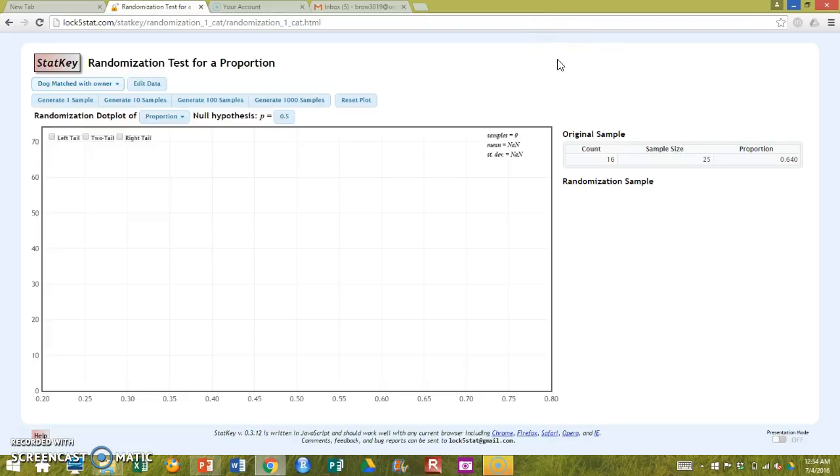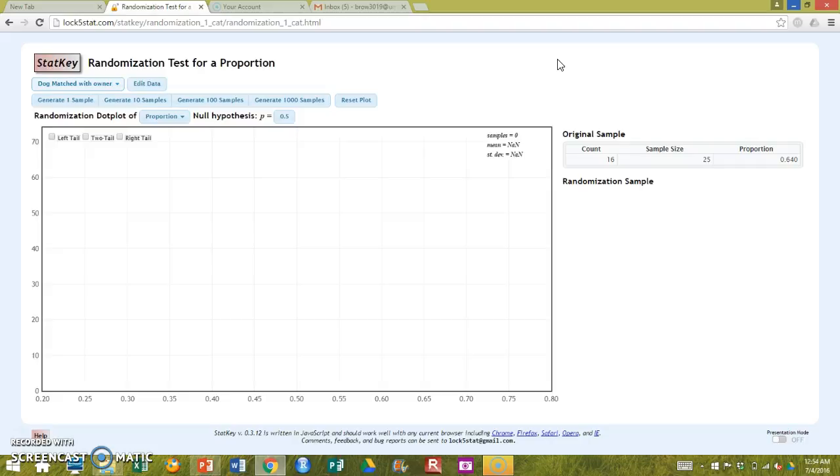Now, remembering what we do with the randomization situations, you don't need to worry about what's talked about in the book with generating a particular randomization distribution by hand. We just let StatKey do it for us.